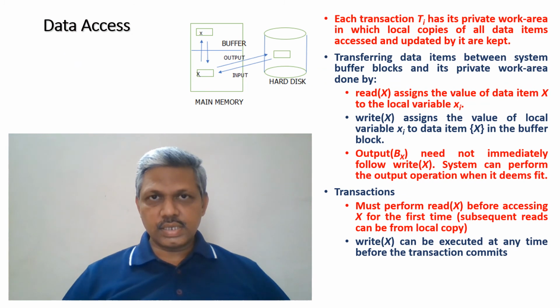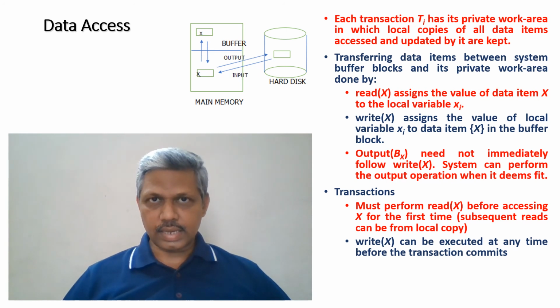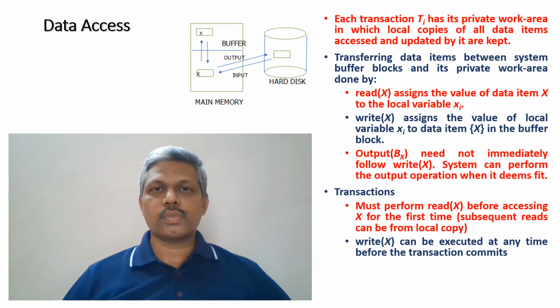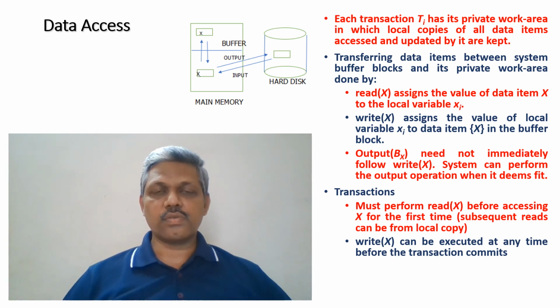Now in this case, every transaction will have a private workspace area where the local copies of the data objects it accesses will be stored. And data transfer between the local copy of the data items for the transaction and the system buffer will now take place, and we are giving different names for that: read and write of database objects.